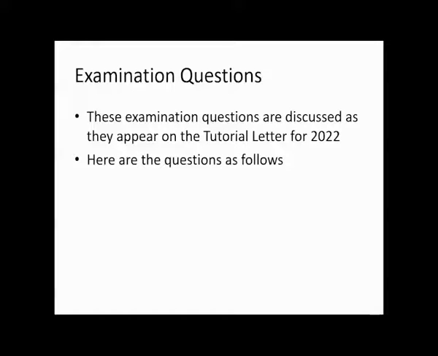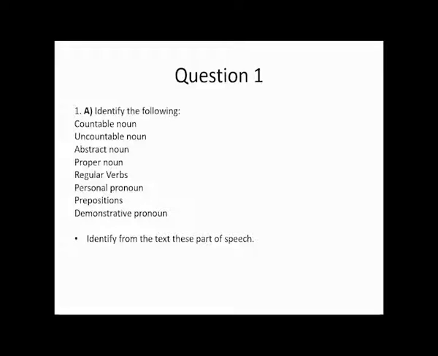Now let's quickly look at the examination questions. These examination questions are discussed as they appear on the tutorial letter for 2022. Here are the following questions. Question 1. Identify the following.